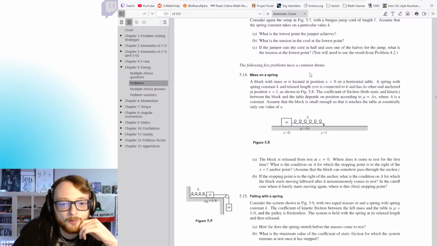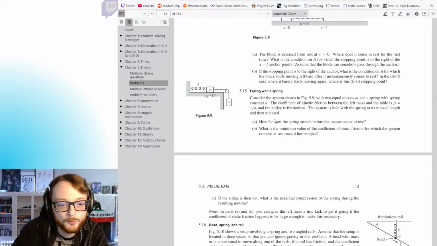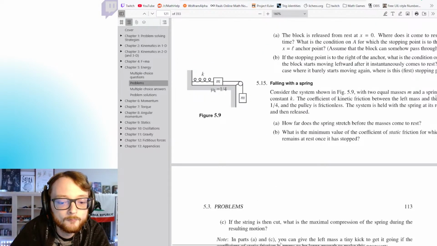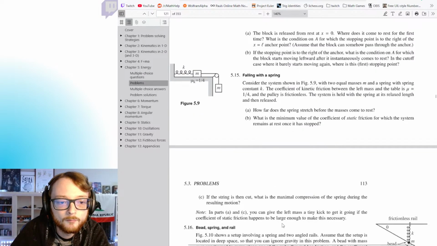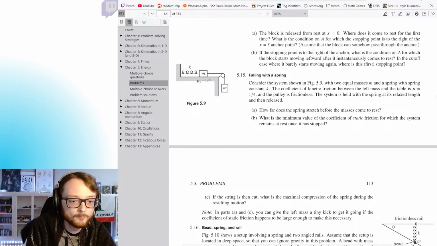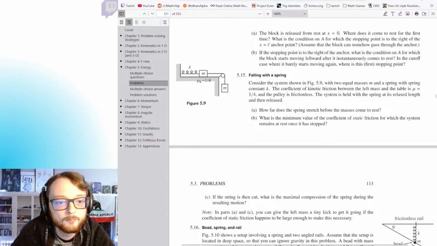The following 5 problems have a common theme, so it might be worth it to go through all these. We'll do a couple of different screenshots for this one upon further consideration.